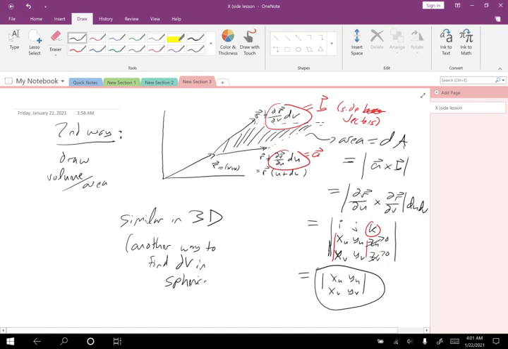But I think there are simpler ways to do that, which I talked about earlier. Really, if you want to do 3D, you just make another increment in w.